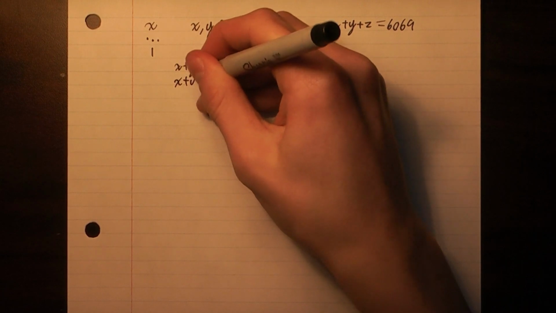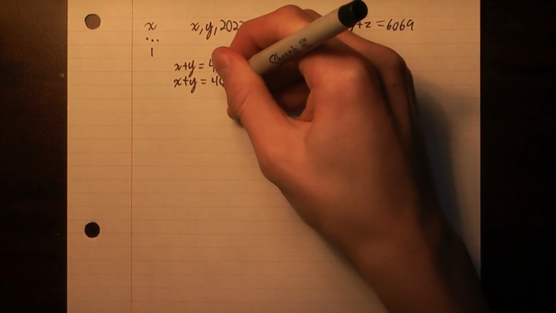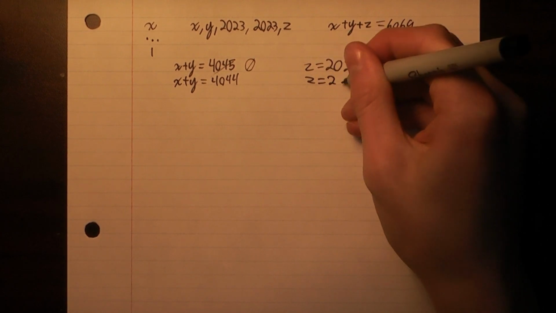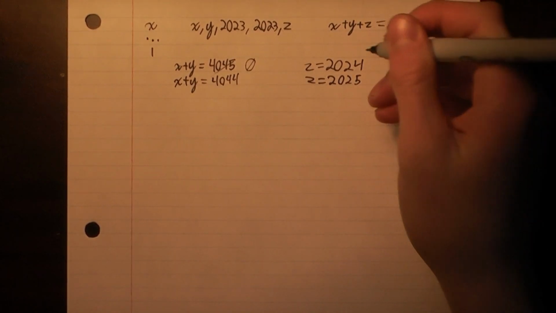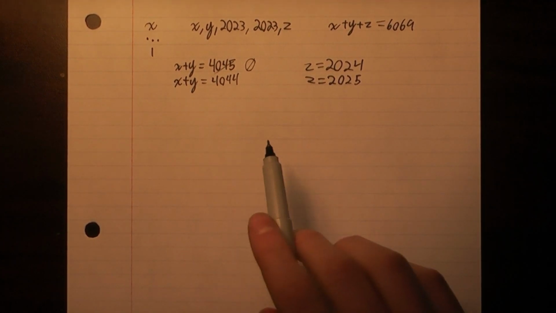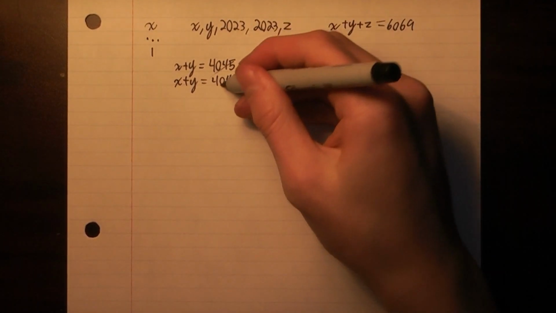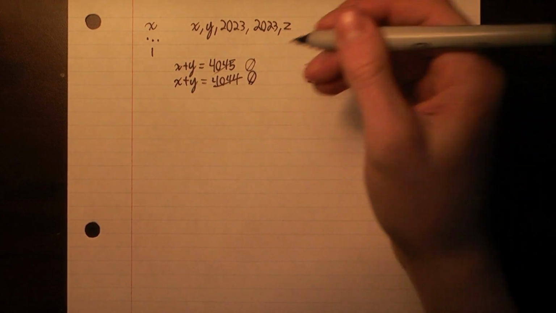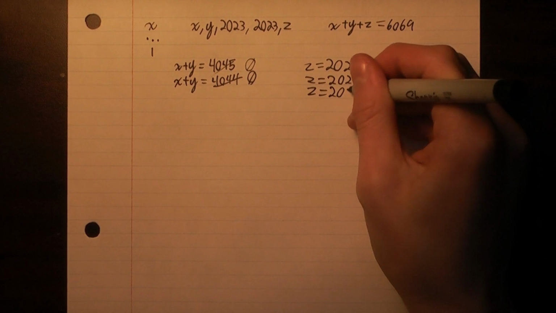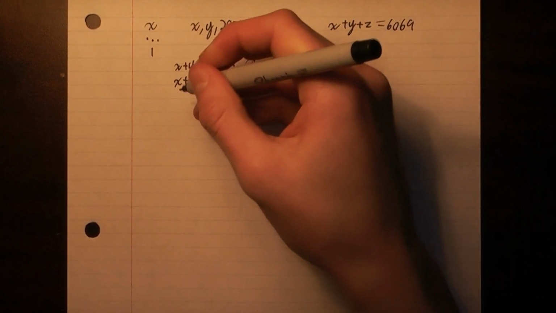If x plus y equals 4044, and this would be the case when z equals 2025, this would be 2022 plus 2022, which also isn't possible because it's a repeat. So also 0. So the first possibility is when z equals 2026.